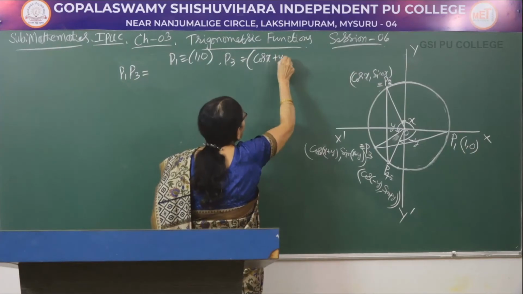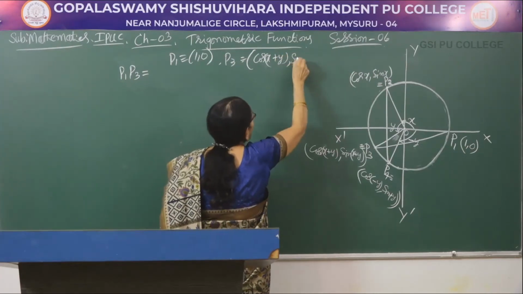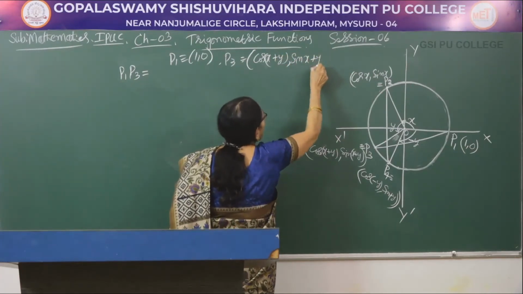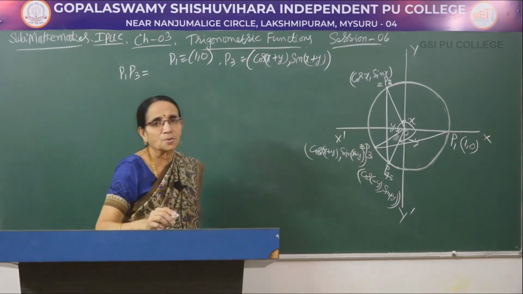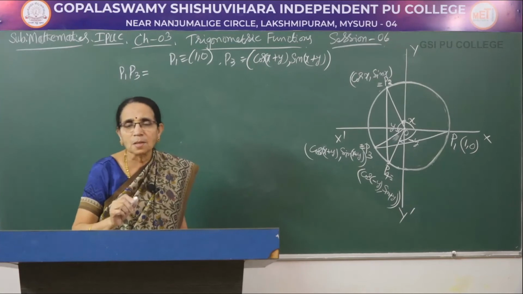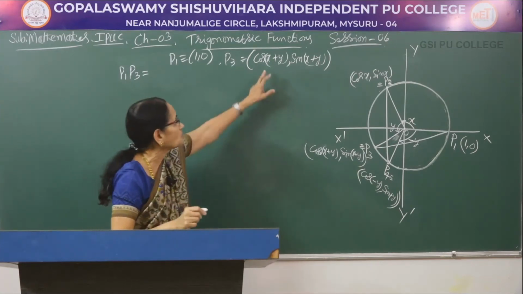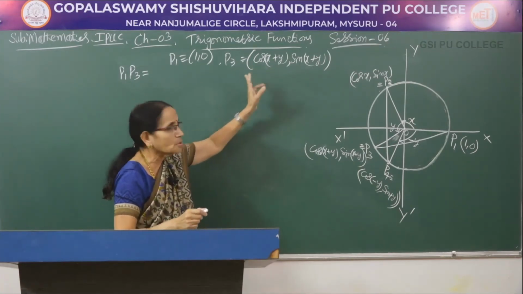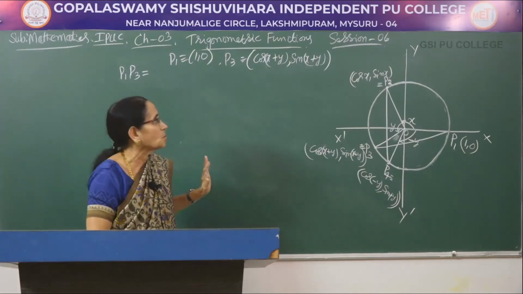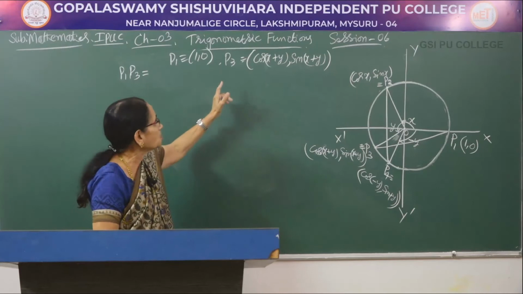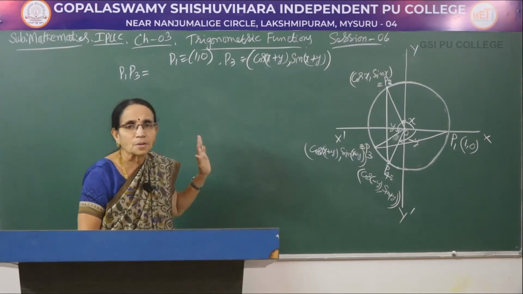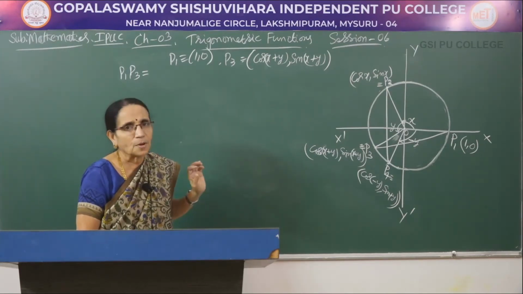So, it is (cos of x plus y, sin of x plus y). Here you have to use the ordinary brackets because we are representing the coordinates of a point. So, P1 has the coordinates (1, 0), and P3 has the coordinates (cos of x plus y, sin of x plus y).